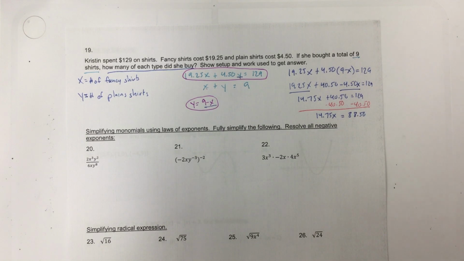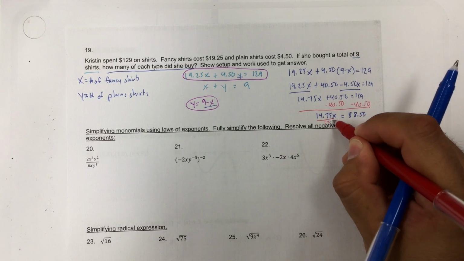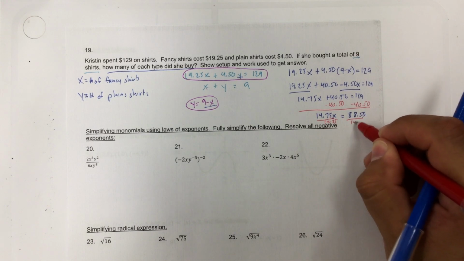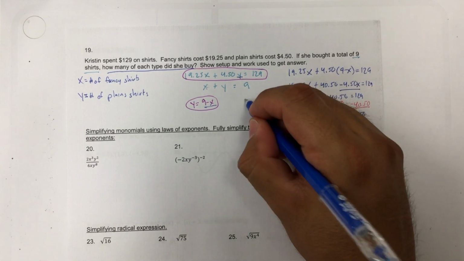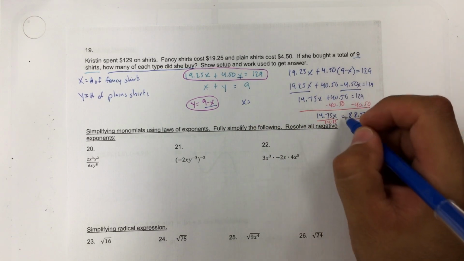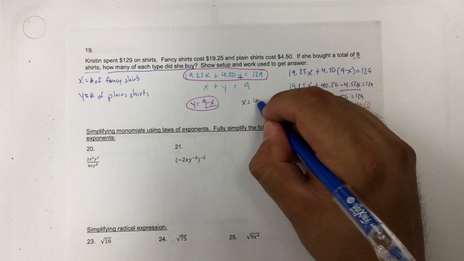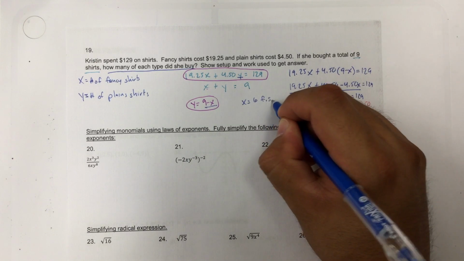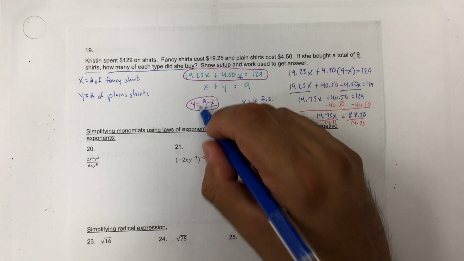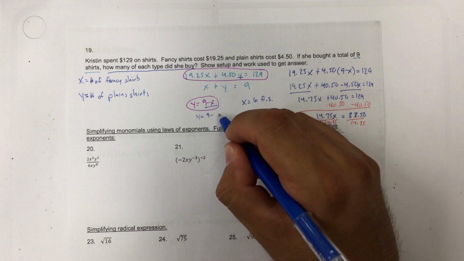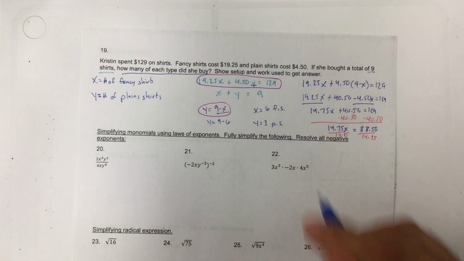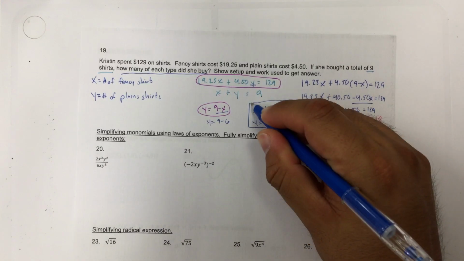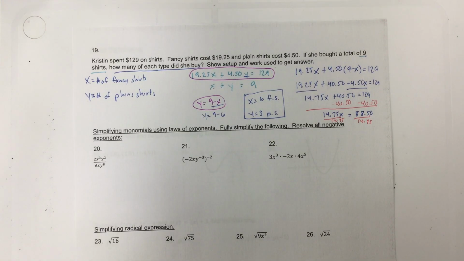Divide both sides by 14.75, and you come up with x equals 6 fancy shirts. And if you plug in, y equals 9 minus 6, which is 3 plain shirts. And I abbreviated it with PS and FS just because I'm running out of space.